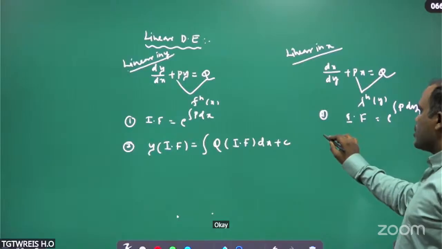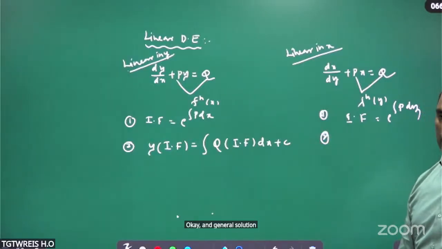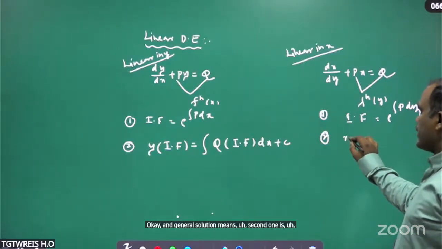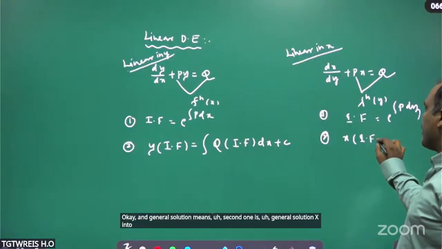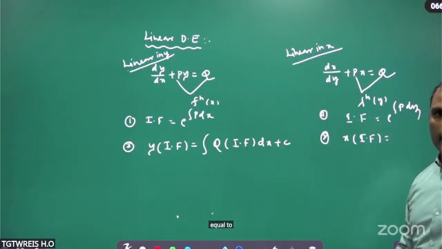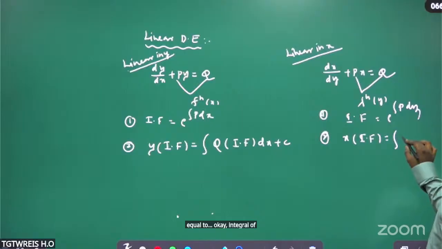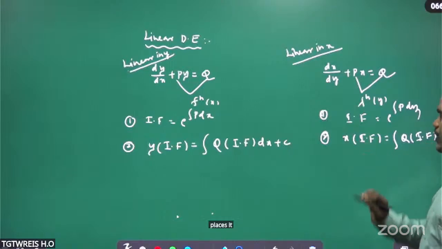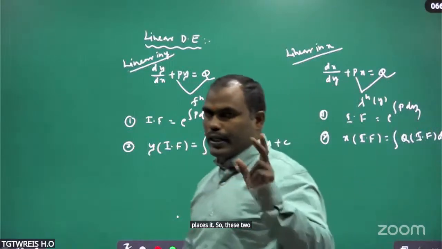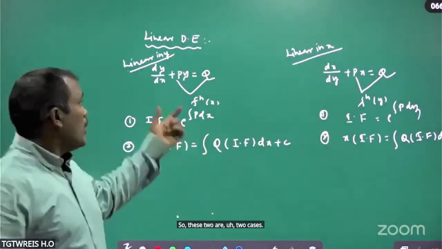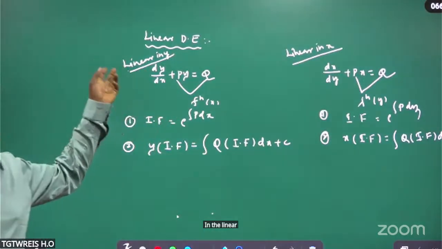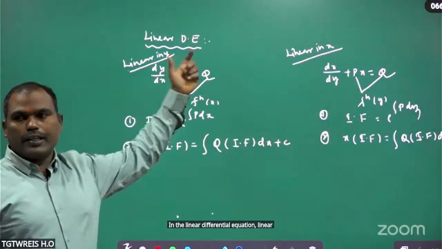The second is the general solution: x into integrating factor equals integral of q into integrating factor dy, plus c. So these are the two cases in a linear differential equation, linear in y and linear in x.